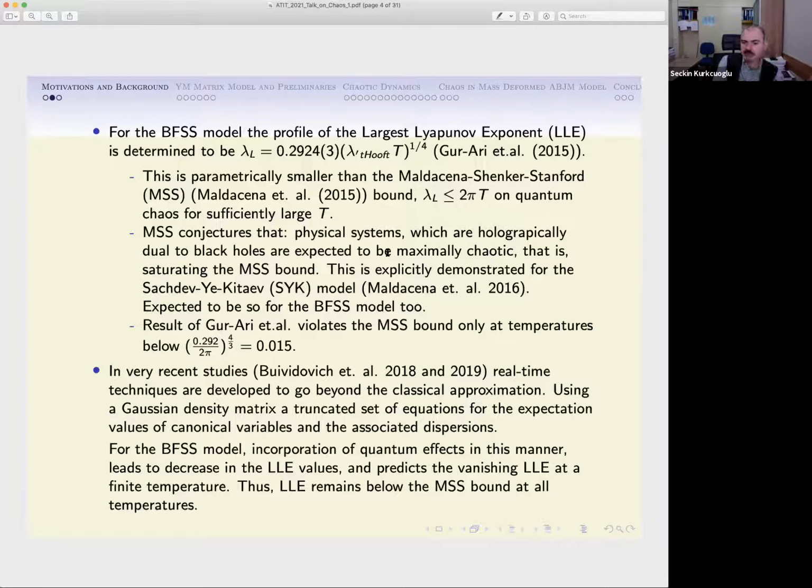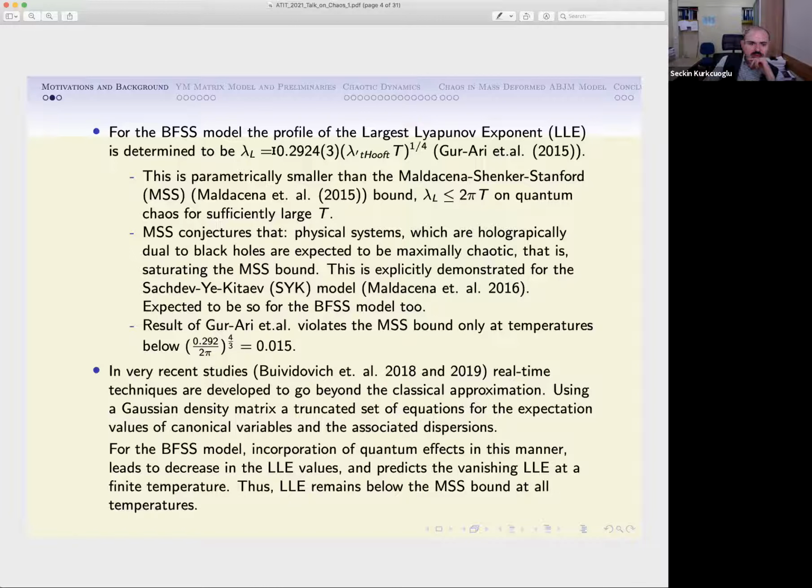This has been demonstrated by a paper by Maldacena and co-authors in 2016. And it is expected to be so for the BFSS model, but there is no complete proof. There is no full proof for this.